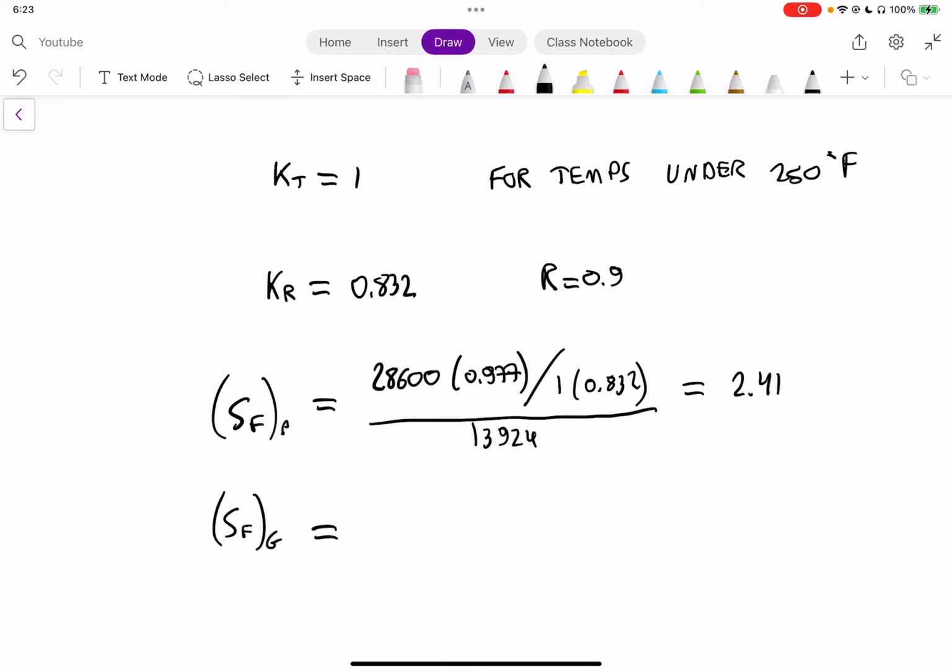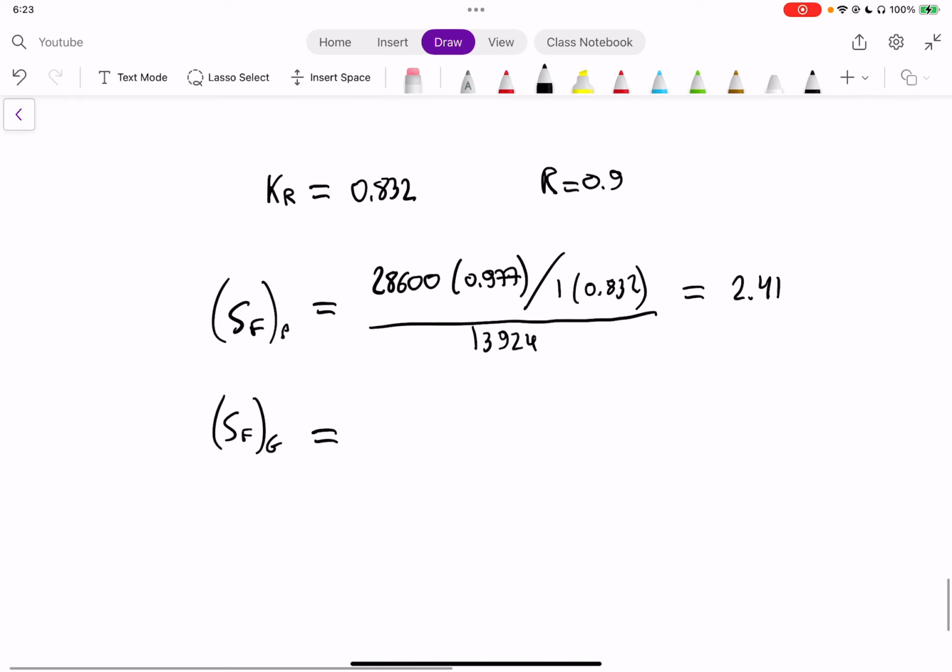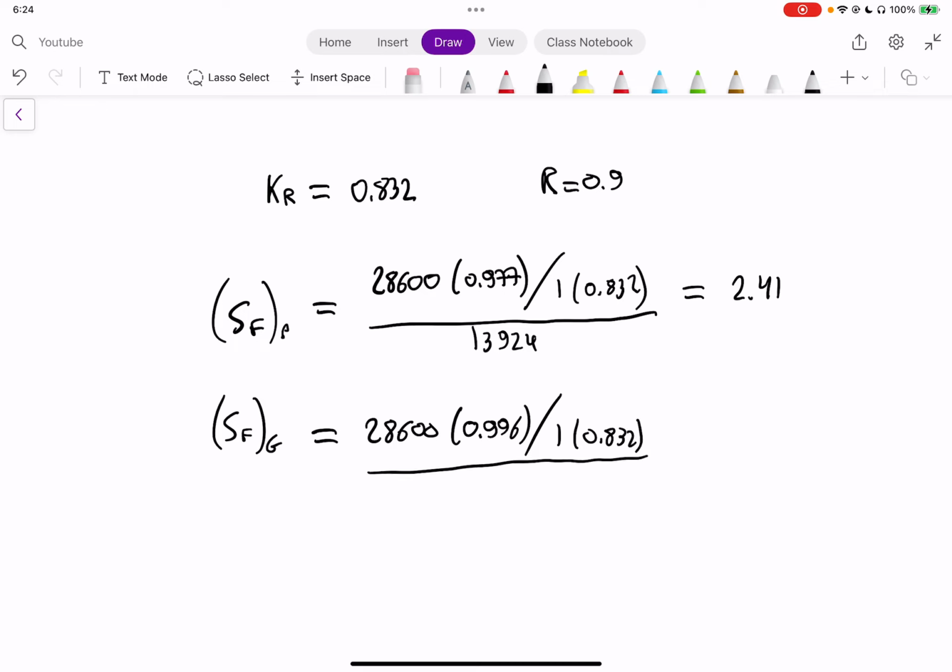And then our safety factor for the gear would be 28,600 times 0.996. So a much better YN, because we have fewer cycles happening on the gear tooth, divided by 1 times 0.832, all divided by 9,975. So we also have a lower sigma here.